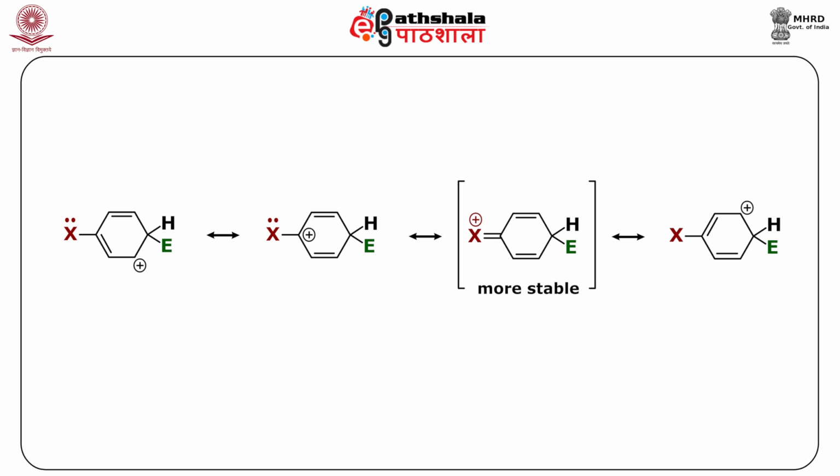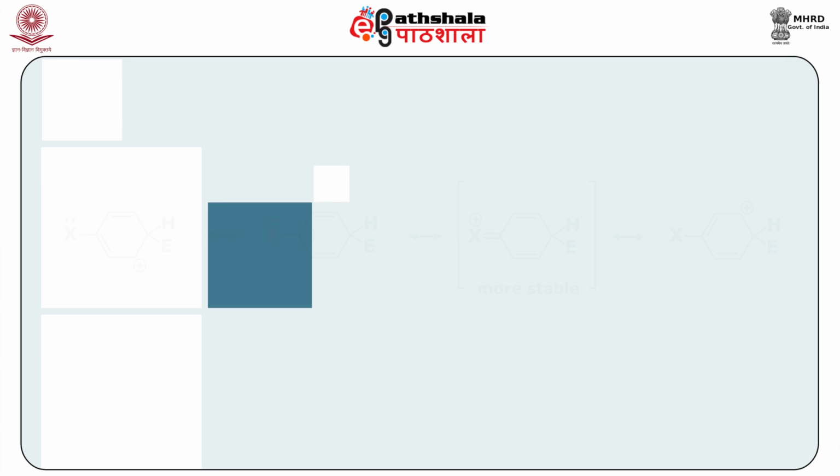I would like to reiterate this fact: they are deactivating because they are electronegative atoms, but because of the presence of lone pairs they can increase the partial negative charge on the ortho and para positions of the benzene ring. Thus the electrophile will favorably attack the ortho and para positions only. Thus students, you must take care here that they are deactivating but ortho para directing in nature.